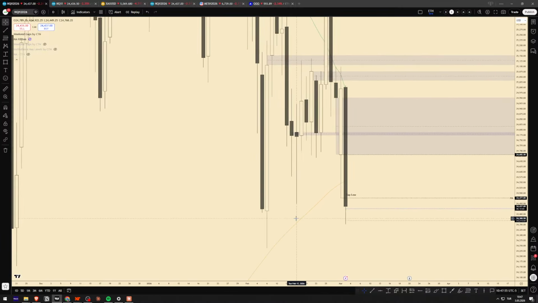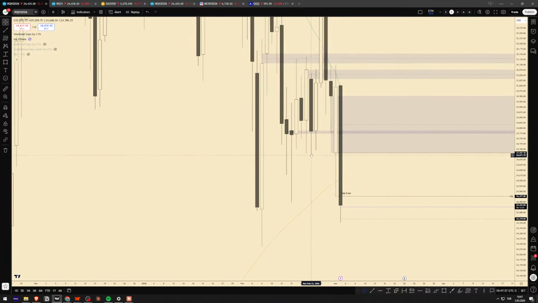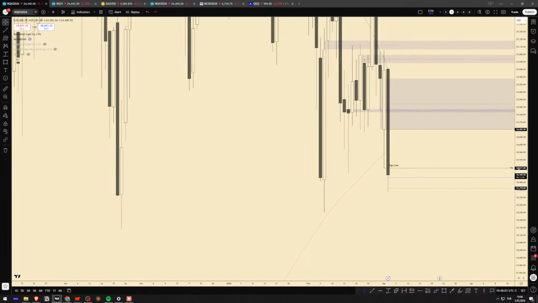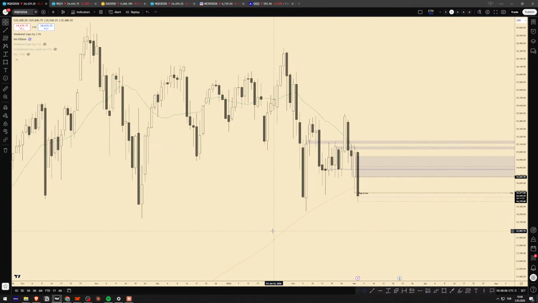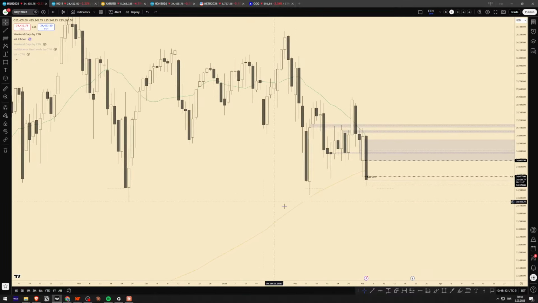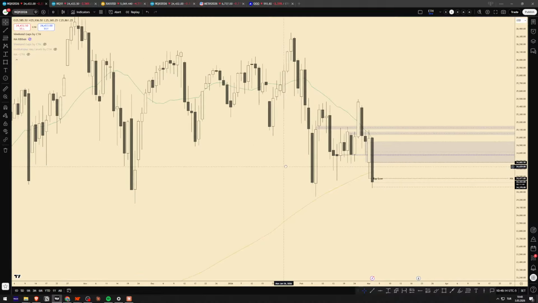Let me look at the daily chart. Price already took a swing low over here, and right now price took a previous day low. I mean, price has been kind of tough towards expansion traders, right? It takes something, turns back, takes something, turns back.